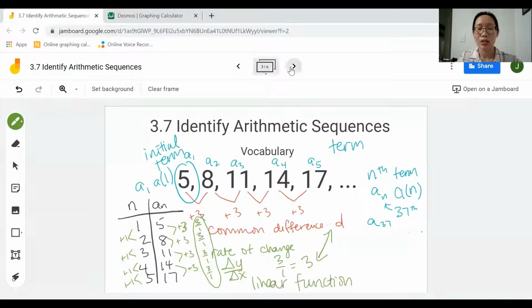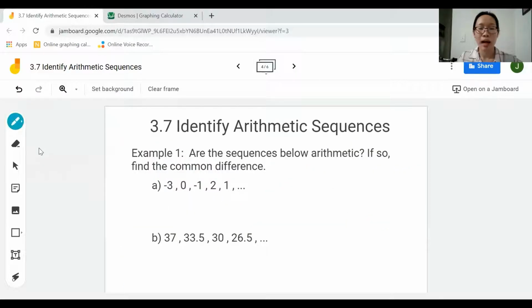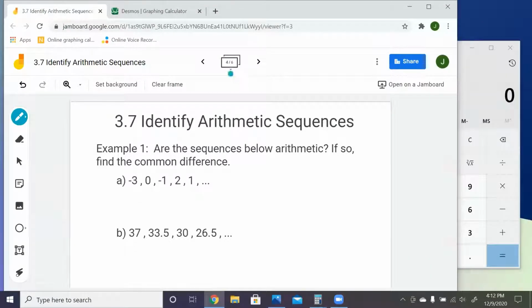Let's see how we can use this information to solve a problem. In this example, we are asked, are the sequences below arithmetic? If so, find the common difference. Another way of thinking about this question is asking, is the difference between every term the same? If it is the same, it is arithmetic. If it's not, then it's not. So from -3, how did I get to 0? I added 3.